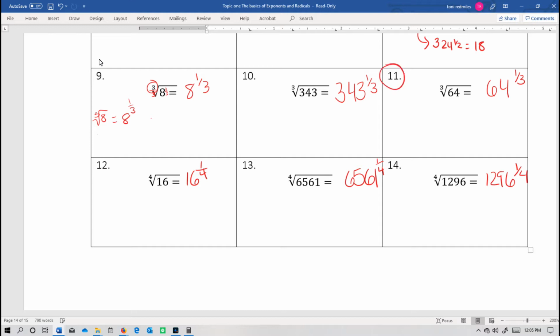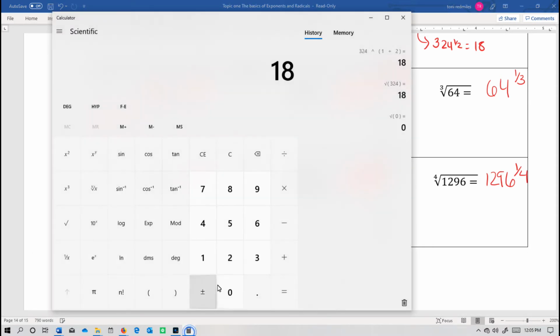I'm going to do number 11 on a calculator so you can see they're the same exact thing, okay? So I need a cube root. Oh, I'm not sure about this calculator. Oh, here it is. Okay, I'm not quite sure how to do this, so let me just play.